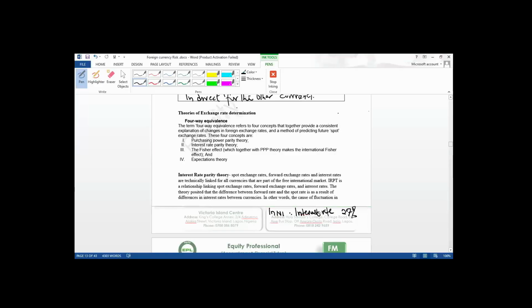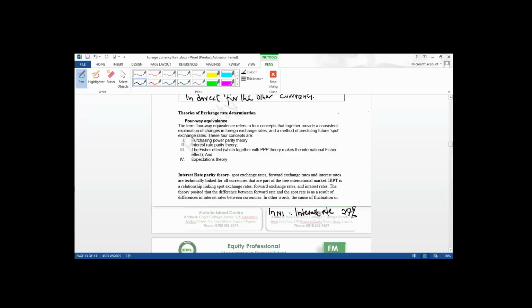There are 4 theories that explain reasons why exchange rates fluctuate between currencies. These 4 theories are collectively referred to as four-way equivalence.